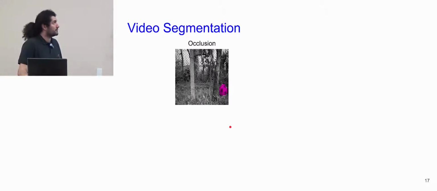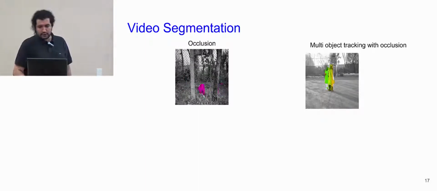This is an example of video segmentation. Their method can easily track even under occlusion. This ball is colored with purple. Even if it's behind the tree, it can be easily tracked. Those are the multi-object tracking examples.